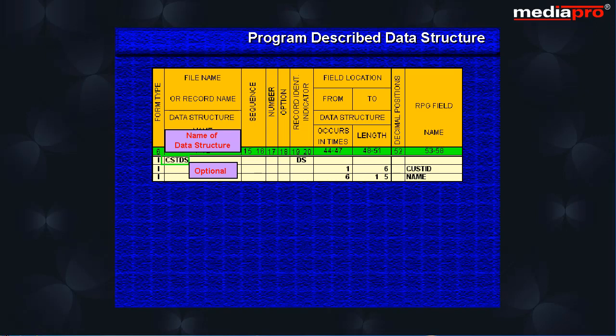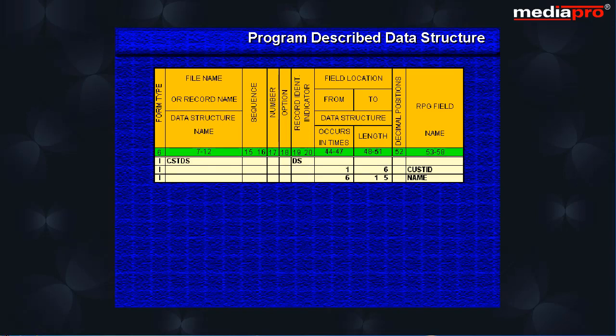This is optional and is useful only if we need to access the data structure as a whole in our program. The length of the data structure can be coded in positions 48, 51 of the line with the DS entry. However, if this field is left blank, the system will derive the total length of the data structure based on the lengths of the subfields.